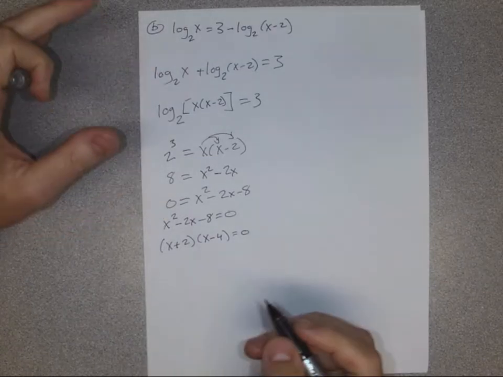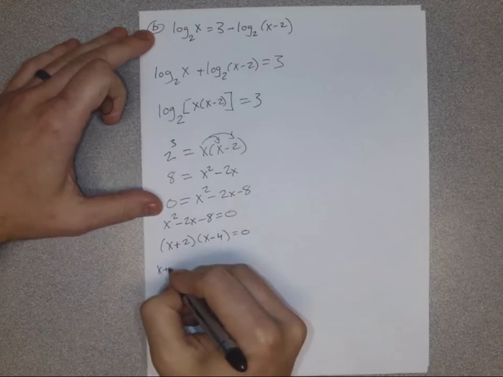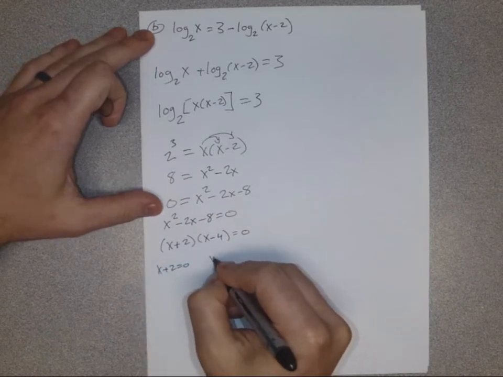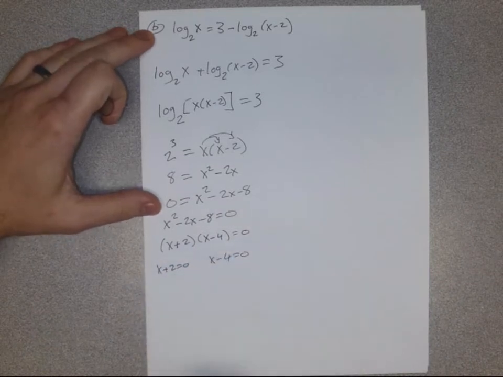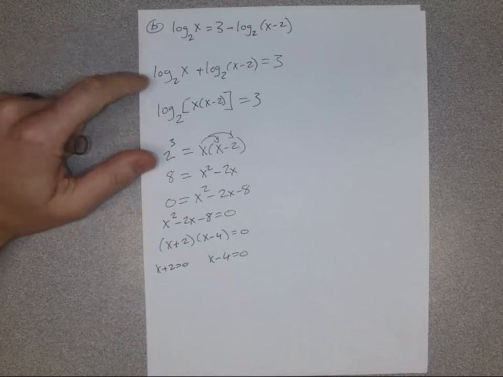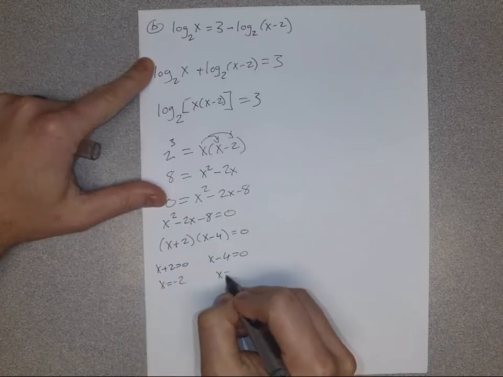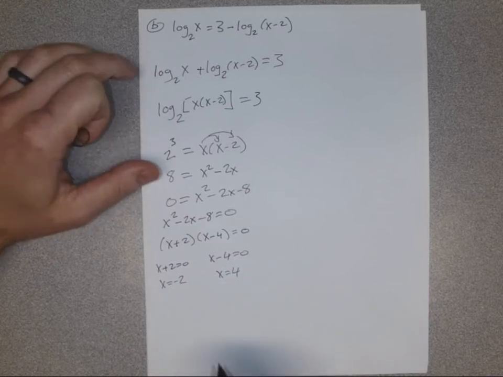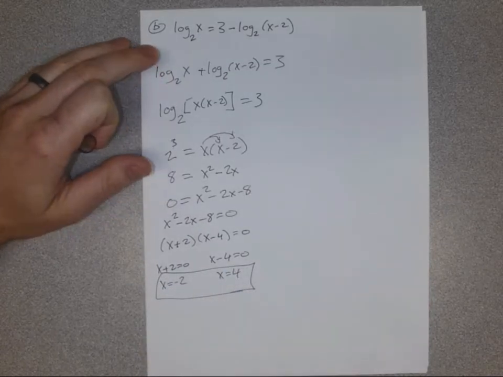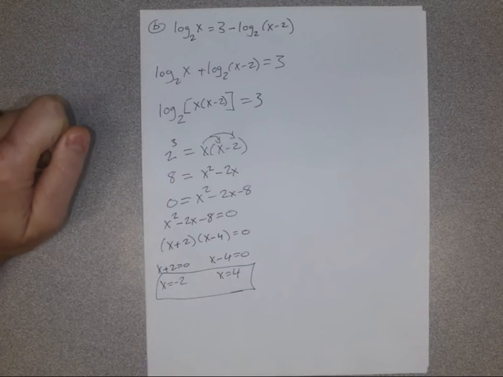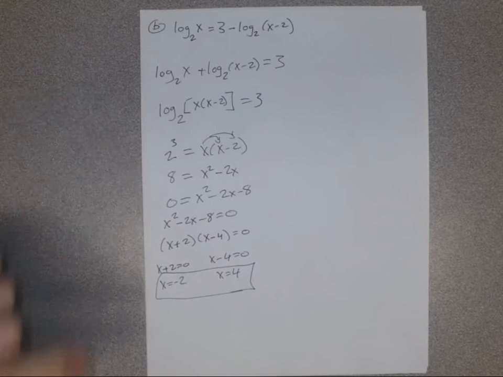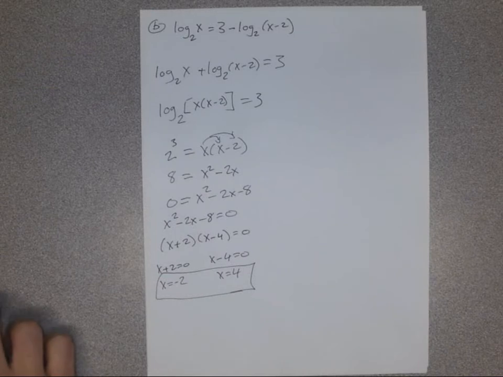So now you can separate these and say x plus 2 is equal to 0 and x minus 4 is equal to 0. So x will equal negative 2 here, and x will equal positive 4 here. So these are my two answers, except both of them are not my answer, because you have to check. You have to check to make sure that these are valid, that they equal each other.